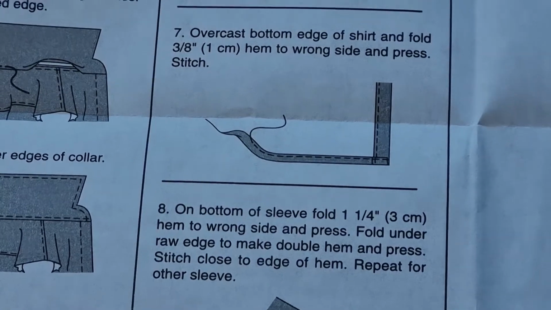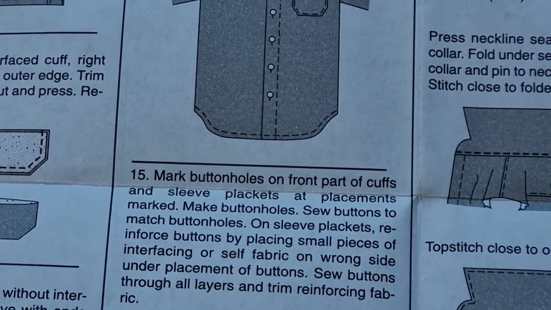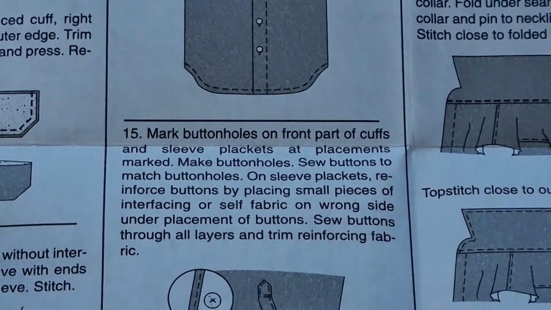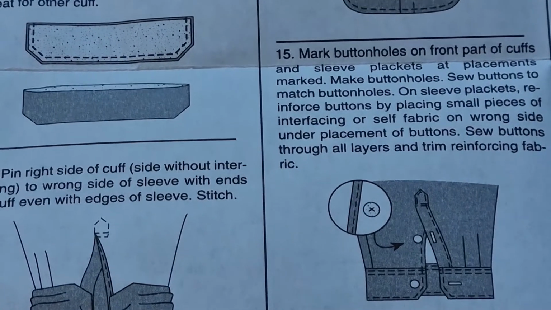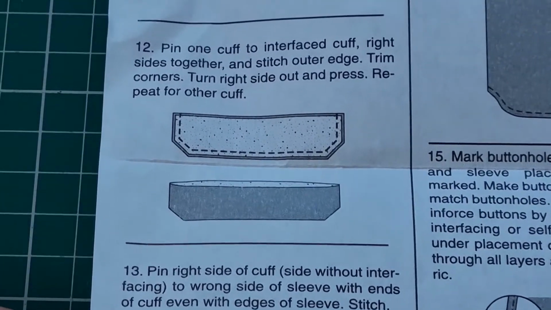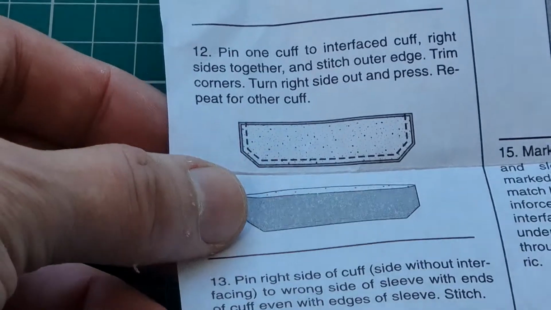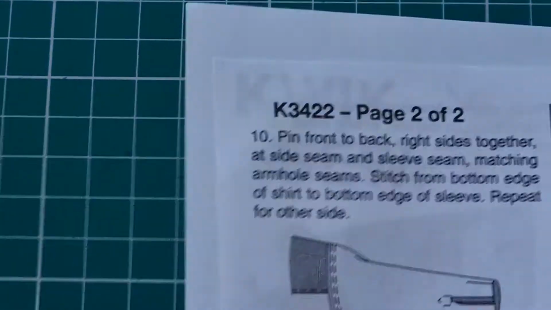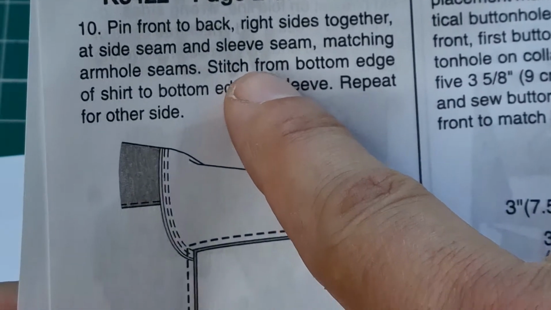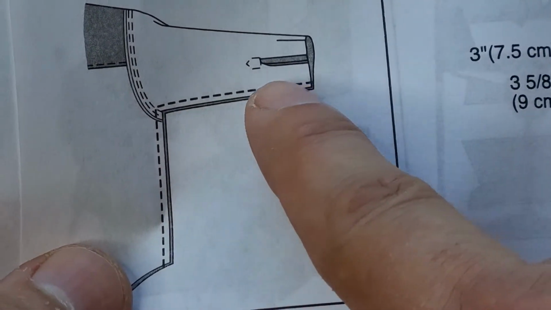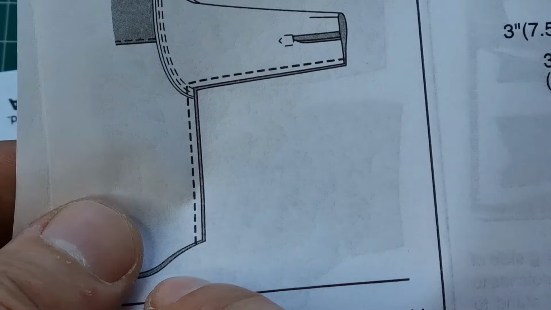Okay. The useful thing here with a lot of these patterns is that it does show you what to do, if you can't make sense of the instruction. So here, it shows you this dotted line is the stitch line.